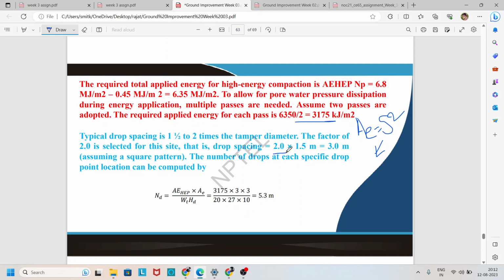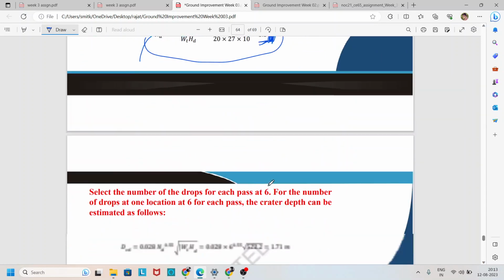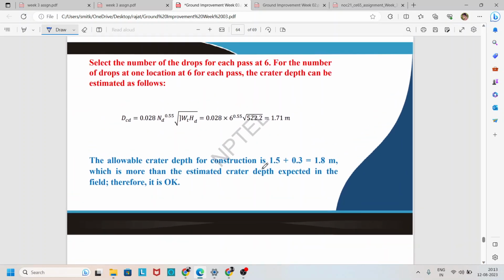Here we take 2 times the tamper diameter, so the spacing is 3 meter. By applying this formula, we can easily find the number of drops for each point for the heavy energy pass. There is no unit here, only the number of drops.